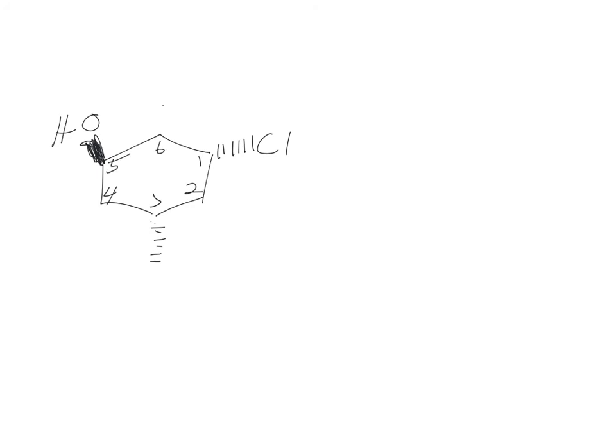I'm going to draw this chair. I'm probably going to have to do both anyways, so, right? I'm going to call this carbon 1, 2, 3, 4, 5, and 6.